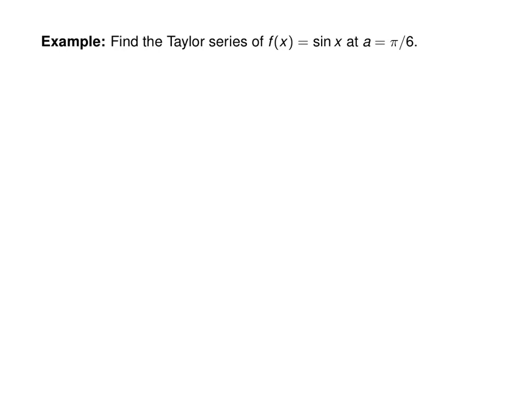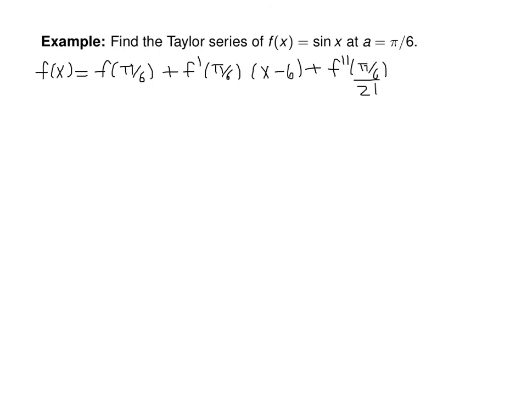So the form of a Taylor series centered at pi over 6 will be f of x equals f of pi over 6 plus f prime of pi over 6 times x minus pi over 6 plus the second derivative at pi over 6 over 2 factorial times x minus pi over 6 squared plus the third derivative at pi over 6 over 3 factorial times x minus pi over 6 cubed, etc.